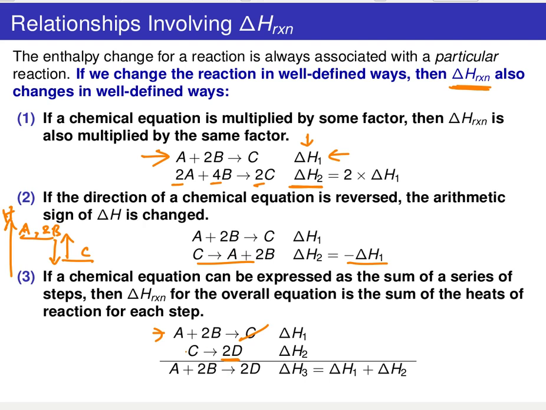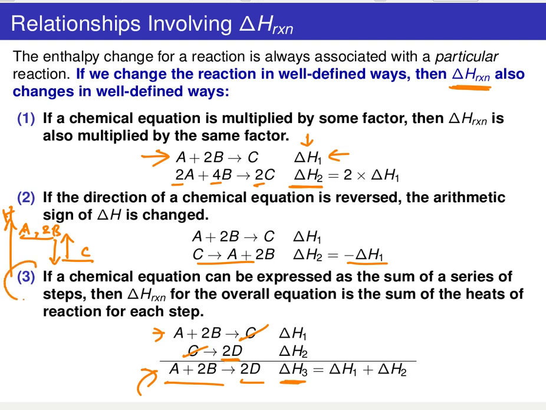So there's one C on the right, one C on the left. What's left is just the reactants A and 2B and the products 2D. So we can add together chemical reaction equations just like before. Well, it turns out that if you do this, you need to add the corresponding enthalpies to get the overall enthalpy of reaction for this combined process.